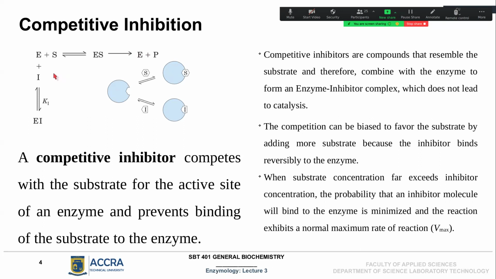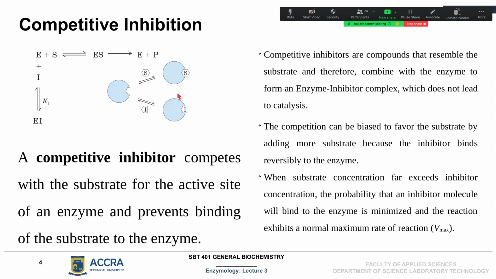But in a situation where you have an inhibitor which is present, what you realize is that the inhibitor looks very much like the substrate. So the inhibitor is a structural analog of the substrate. So the inhibitor can also bind to that active site. And if that inhibitor binds to the active site, what you have now will be an enzyme inhibitor complex.